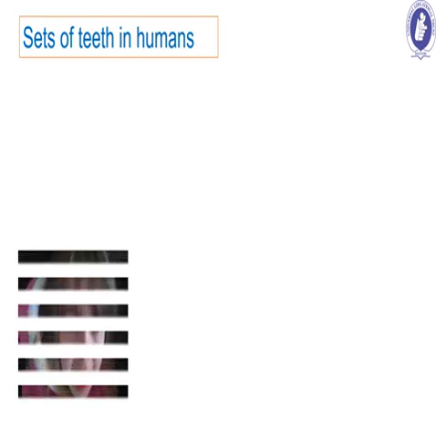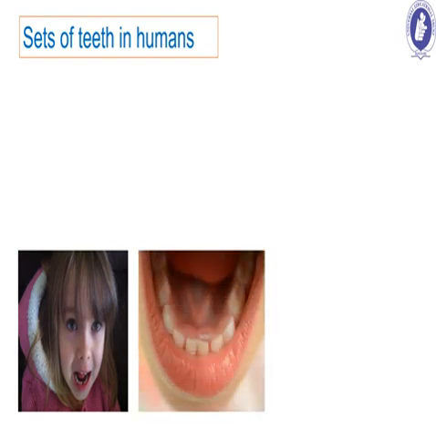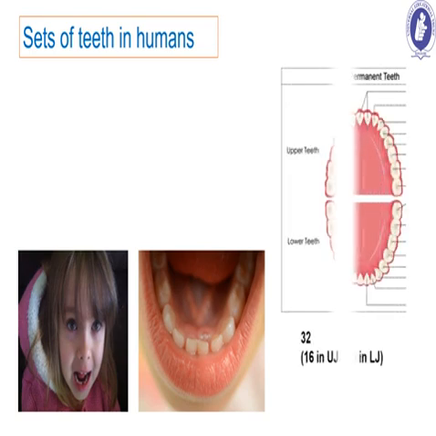Why do we say that the milk teeth are temporary? Because when the child grows to 6 years old, it will start losing its milk teeth. One after the other, milk teeth will start falling and in their place permanent teeth will come. And when the boy or girl grows to almost 16 or 18 years old, they will have their complete set of permanent teeth.